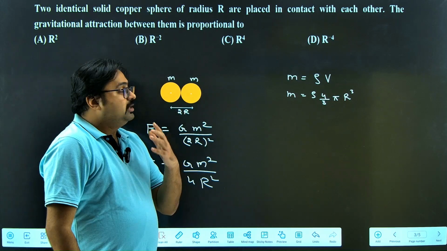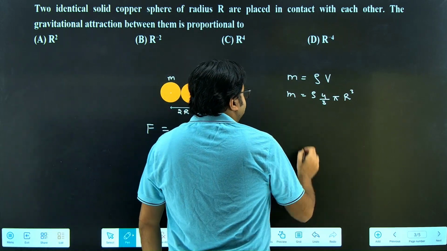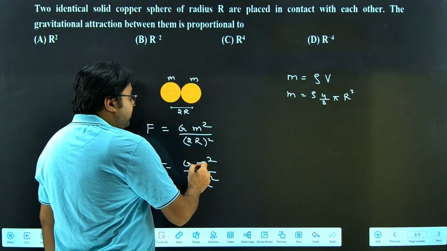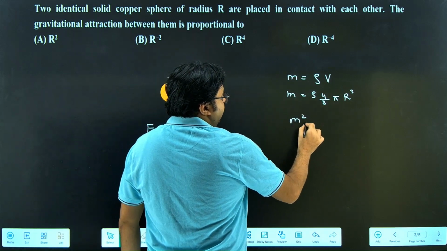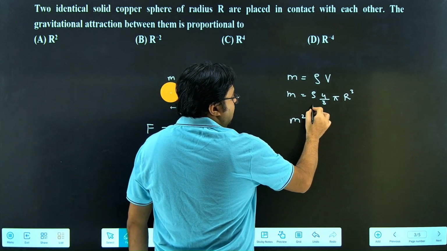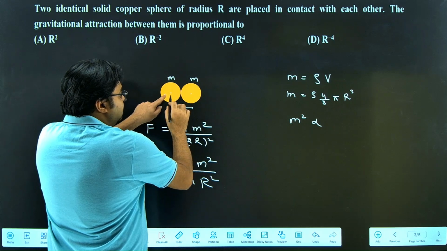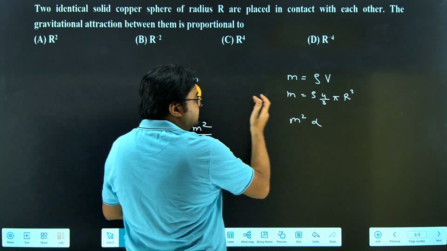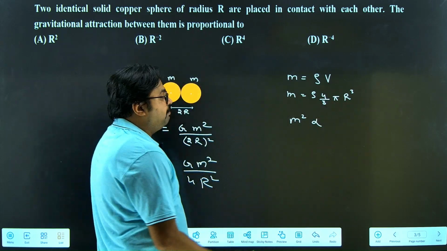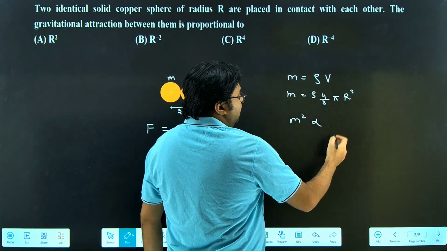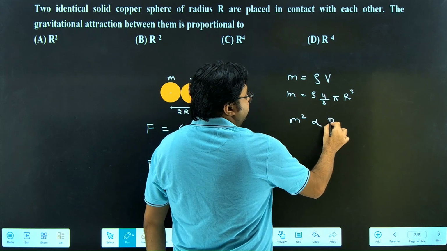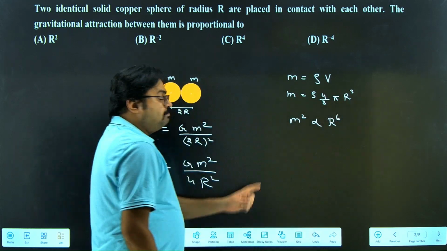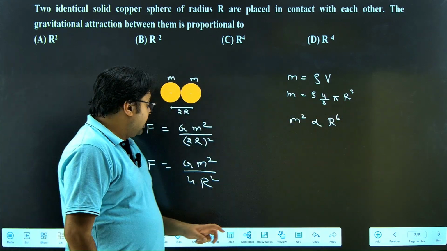That's what the volume of a sphere is given by. Now, you have an m square there. So m square would be proportional to, all of these are constants because both of these are copper spheres. So rho is a constant for both of them. It doesn't change. It's density. Both of them are copper. 4 by 3 pi are anyway constant by nature. So we have r power 6. M square is proportional to r power 6.